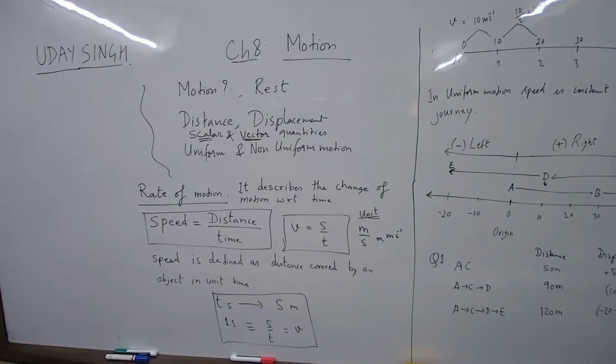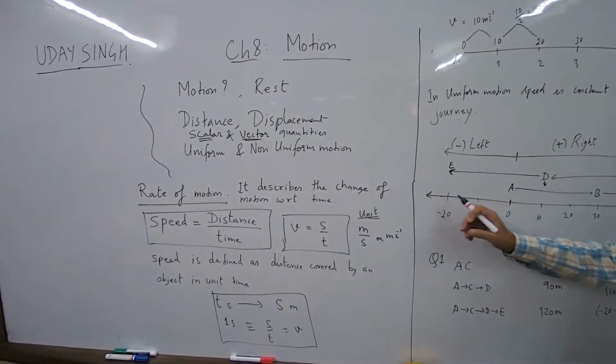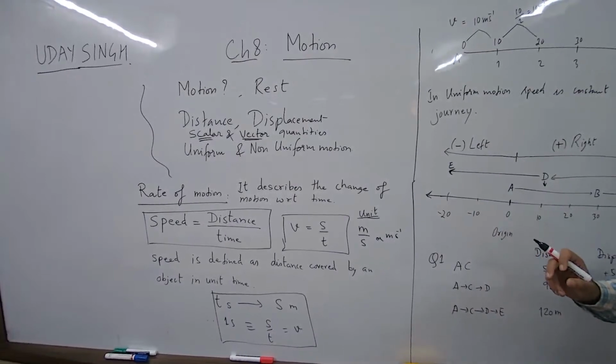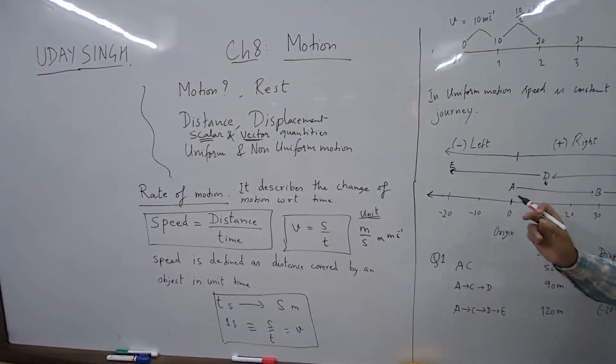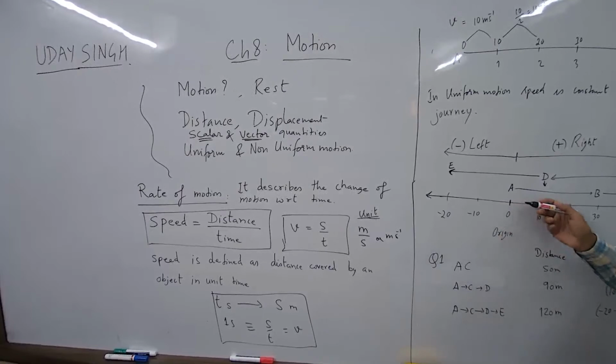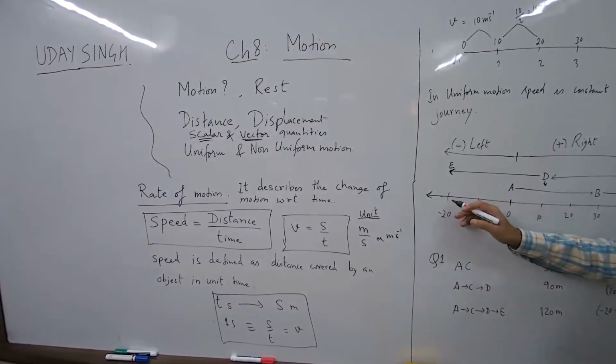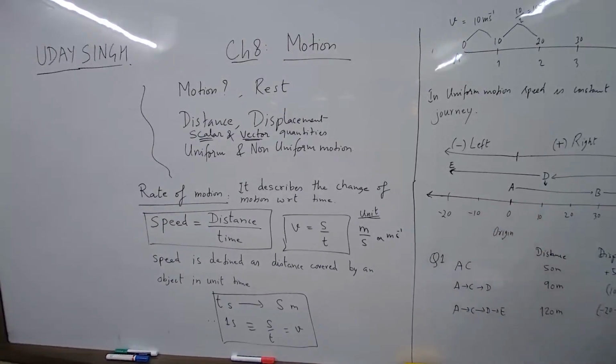What was the definition for displacement? Shortest distance between the final and initial position, in a given direction. So the direction of motion is in this direction. We are specifying that this final distance is in which direction? It is on the left.